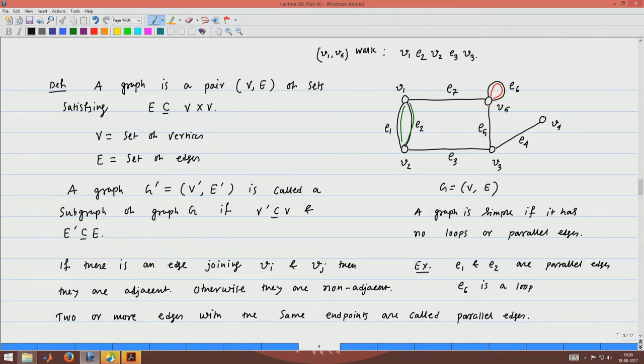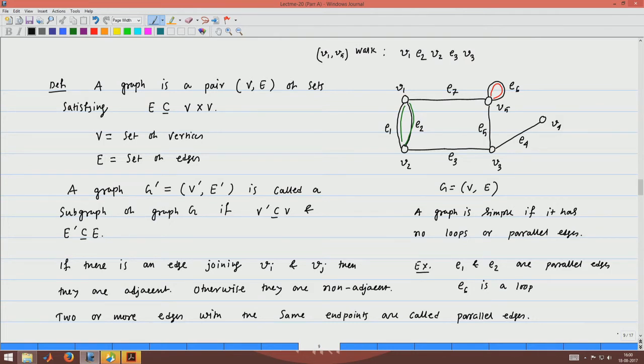Please note that we are using the edge also because there could be multiple edges between two vertices, like here there are two edges between V 1 and V 2. So, which edge you use, to denote that we write the edge labels in this sequence also.